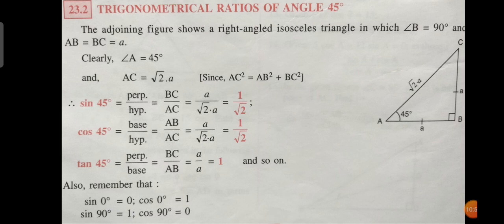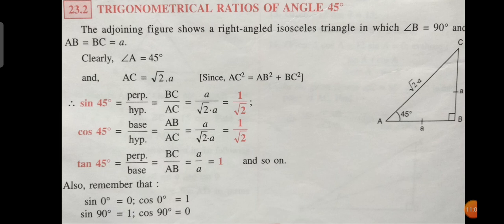Why is it 45 degree? Because the two angles should be equal since it is an isosceles triangle. 45 degree plus 45 degree plus 90 degree, the sum is 180 degree. So angle B is 90 degree, and angle A and angle C are 45 degree.